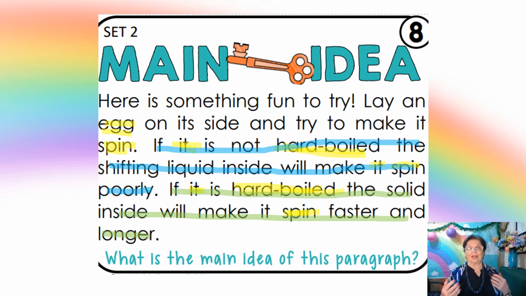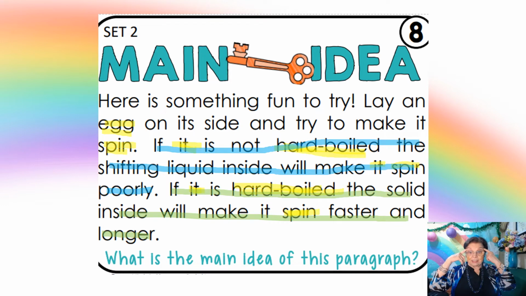The main idea of this is a hard-boiled egg will spin faster, just like the paragraph before, except in this one, you had to think and infer what it meant. You had to think about what it was saying.